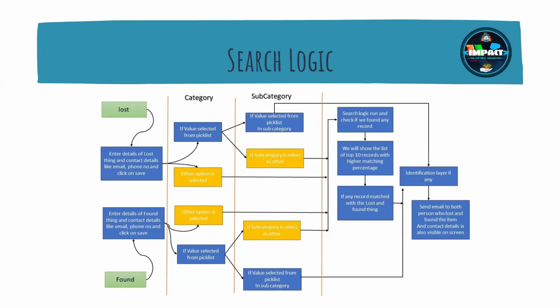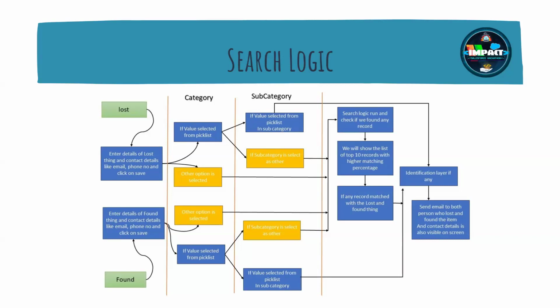If you select Aadhaar card, you will get a new field where you have to enter the identification number for it. And if you lost something which is not in our category and subcategory, we have an Other option in both the pick lists as well. And for that Other, we have a search logic implemented.